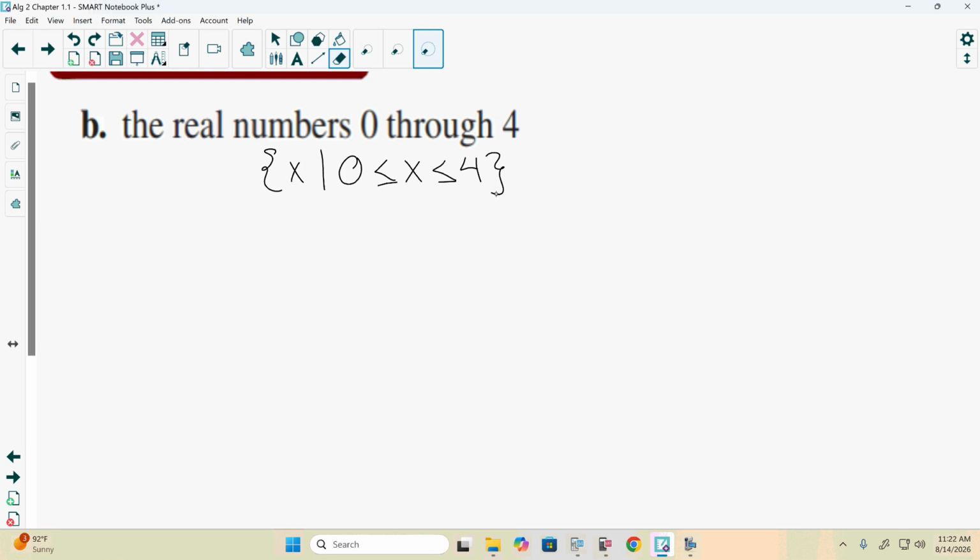Then we have to put our brace x bar. 0 is less than or equal to x is less than or equal to 4. So we need more information here because it's not able to be written out. That's the only big difference.